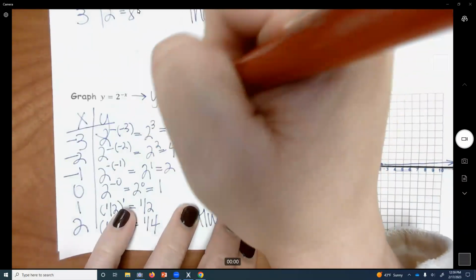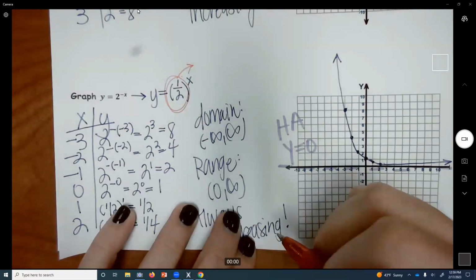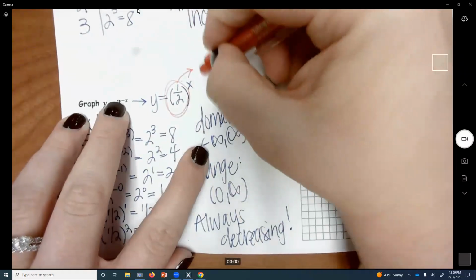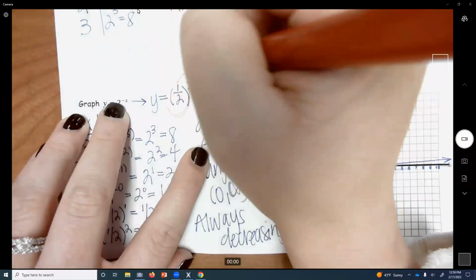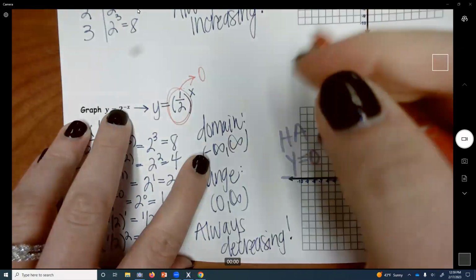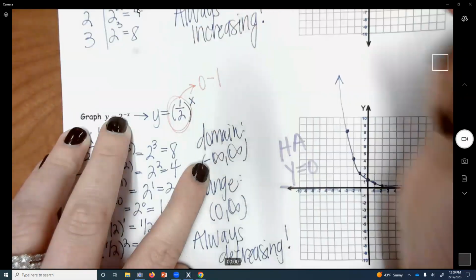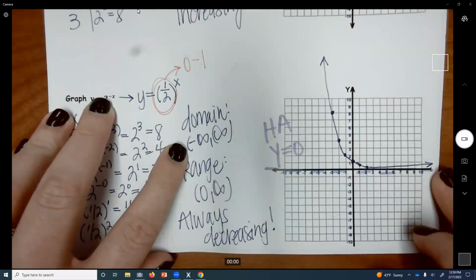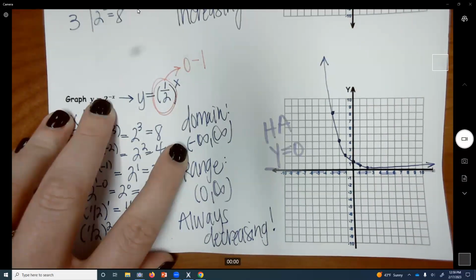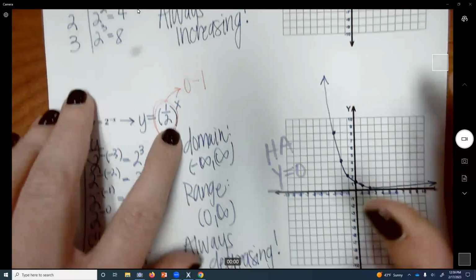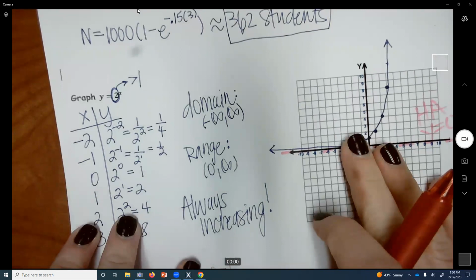And so when the base is in between 0 and 1 is when it's going to look like this. And when the base is in between 0 and 1, it does have to be positive, but when it gets bigger than 1, it's going to look like this right here.